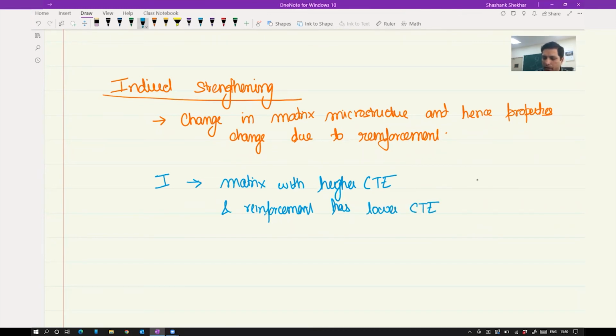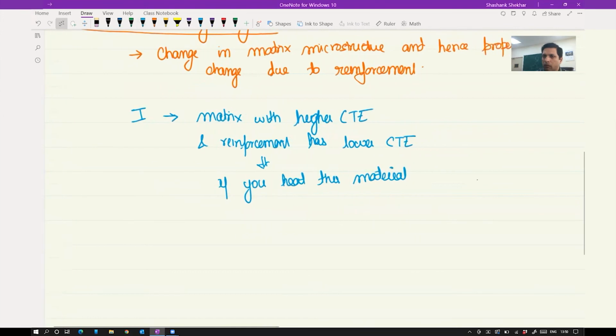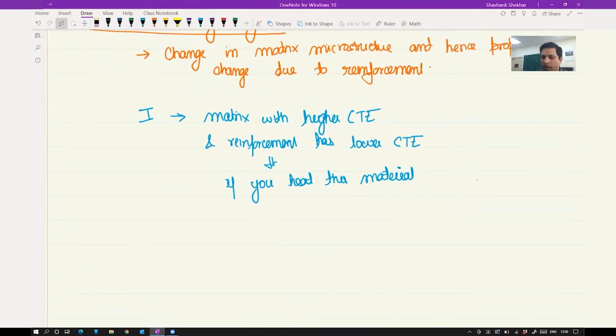Now, if you heat this kind of material, then what will happen is that there will be stresses generated near the interface.